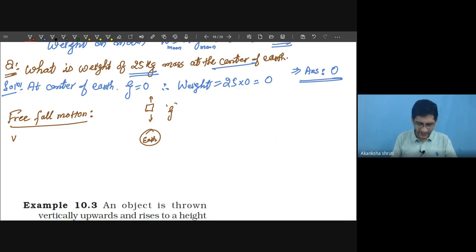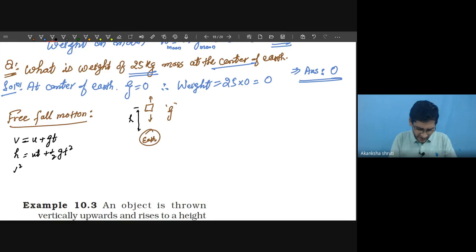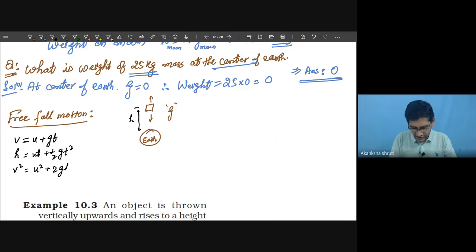So speed at any time t depends on its initial speed u. So v is equal to u plus at, so it becomes u plus gt. The height is denoted by h here, rather than s, so h is equal to ut plus half gt square, and v square is equal to u square plus 2gh.